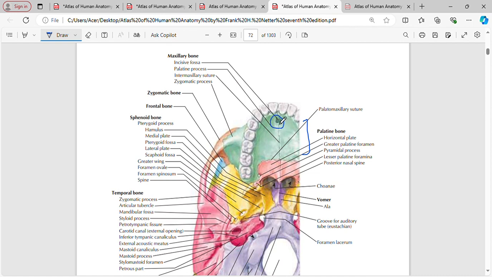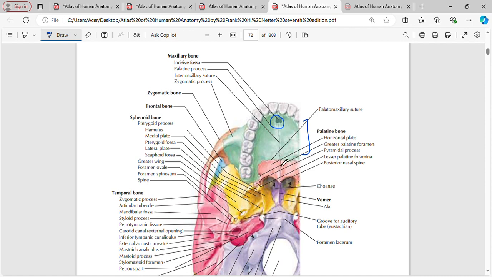The incisive foramen allows the passageway of the nasopalatine nerve, and along with that, the anastomosis of the posterior septal branch of the sphenopalatine artery and the lateral palatine artery takes place at this foramen, right? So this foramen is clinically also very important. You should remember that the incisive foramen allows the passage of the nasopalatine nerve, right?